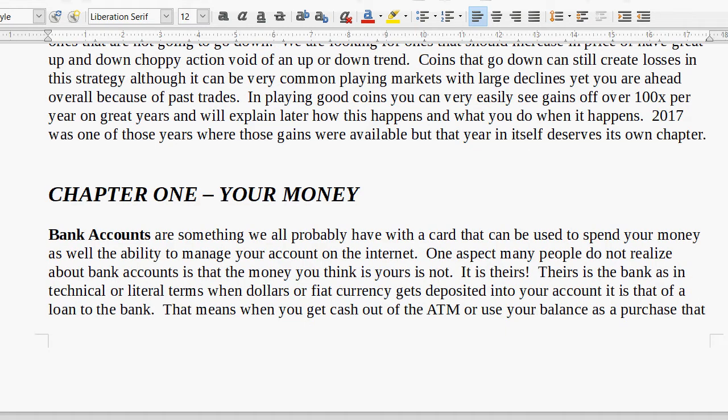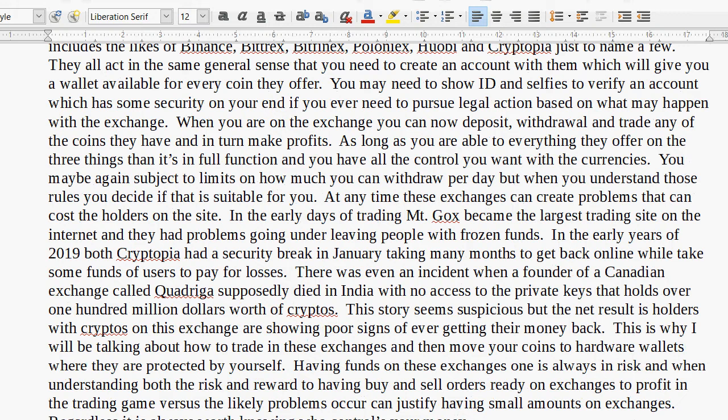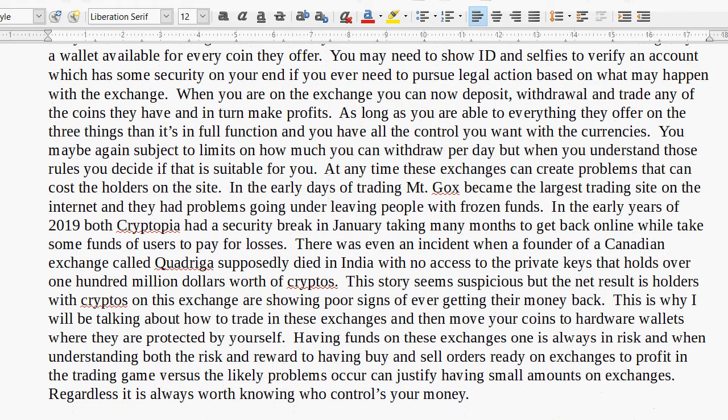And this is the bottom of the first page. And the start of the second page. And this is the end of every bit that I have written.